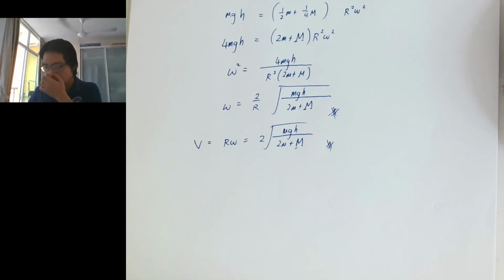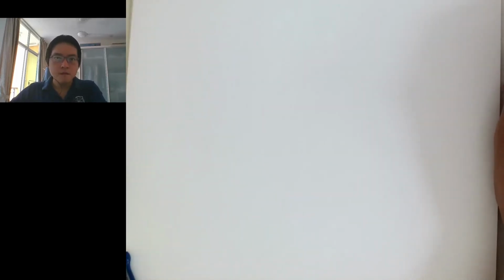Let's start with the tutorial. Let's pick a question. We do question 9. I'm going to do 9, 10, and this one here. This one needs some explanation, I think.